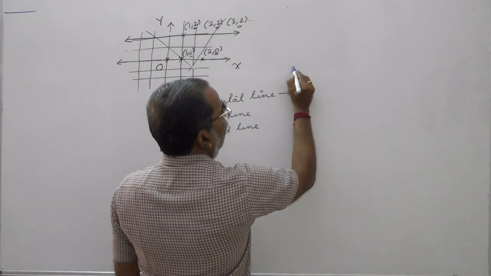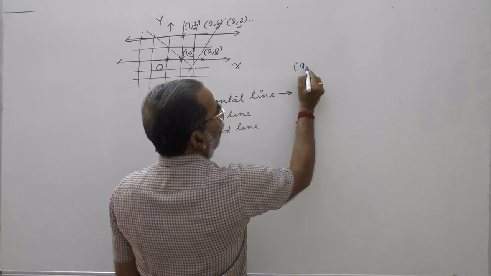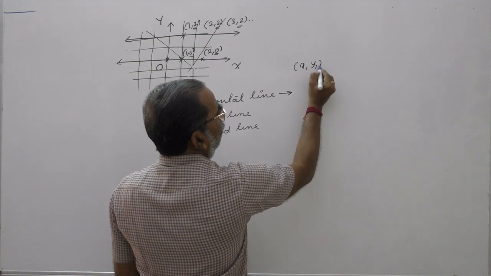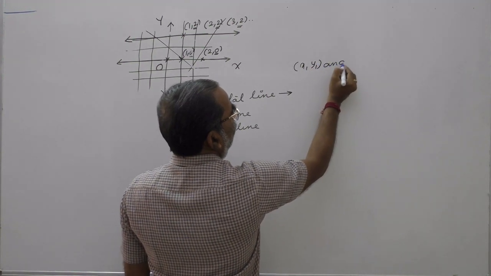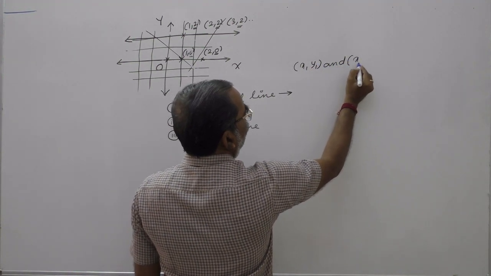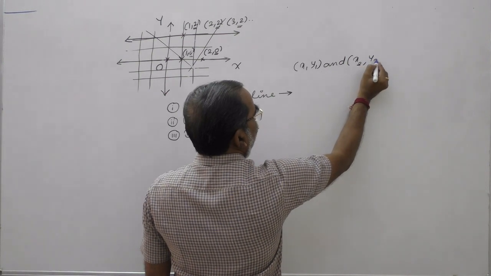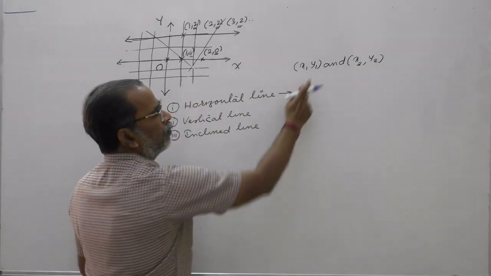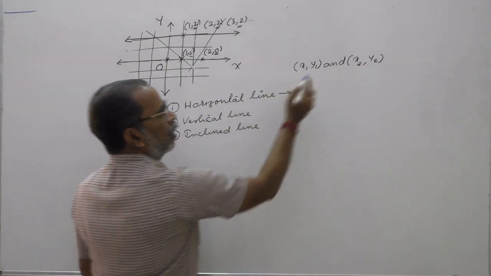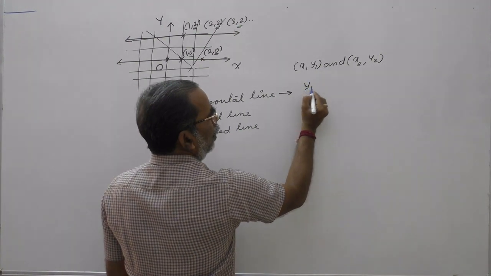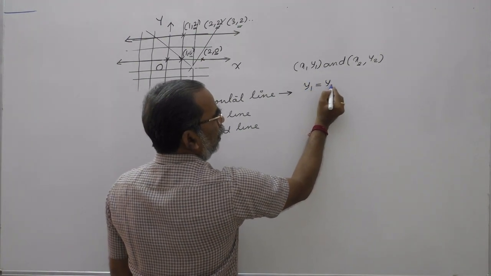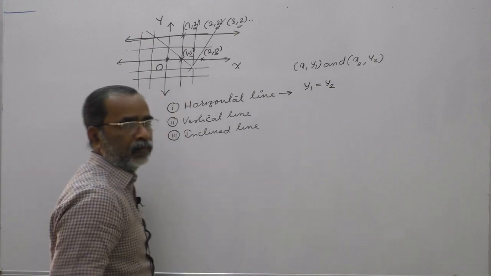If I take a line passing through 2 points, (x1, y1) and (x2, y2): if this line is a horizontal line, then its y coordinates are equal, y1 equal to y2, and x1, x2 definitely are different.